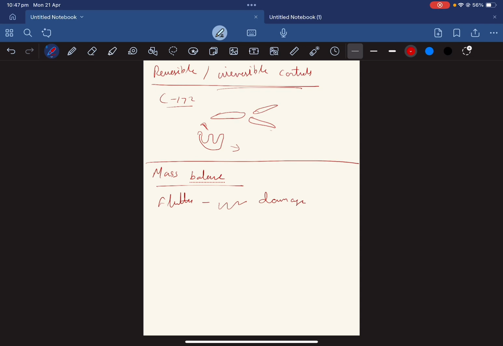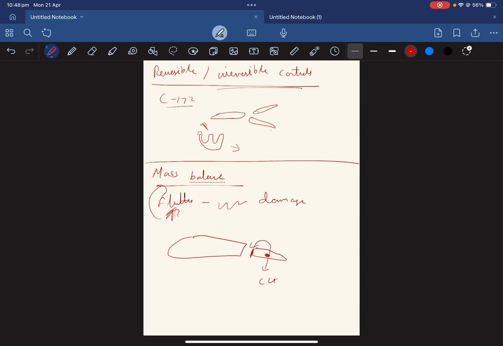So to prevent flutter, what we do is, let's say this is the CG of the control surface, and this is the hinge line, all right. So if there's a way that we bring the CG forward of the hinge line, then we could reduce flutter, which is called mass balancing.